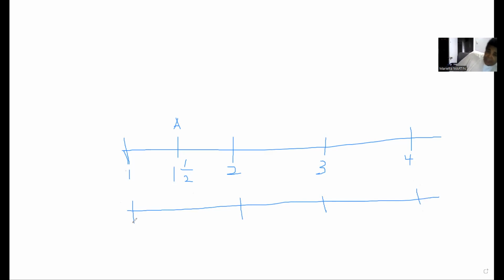This whole line is from 0 to 1, so this whole line is just the number 1.